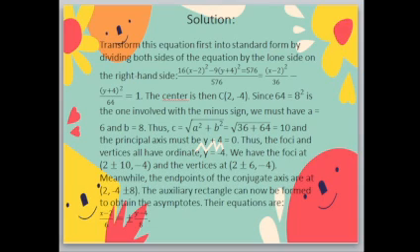So, we have the foci at 2 plus and minus 10 and negative 4. And the vertices at 2 plus and minus 6 and negative 4. Meanwhile, the endpoints of the conjugate axis are at 2 and negative 4 plus and minus 8.